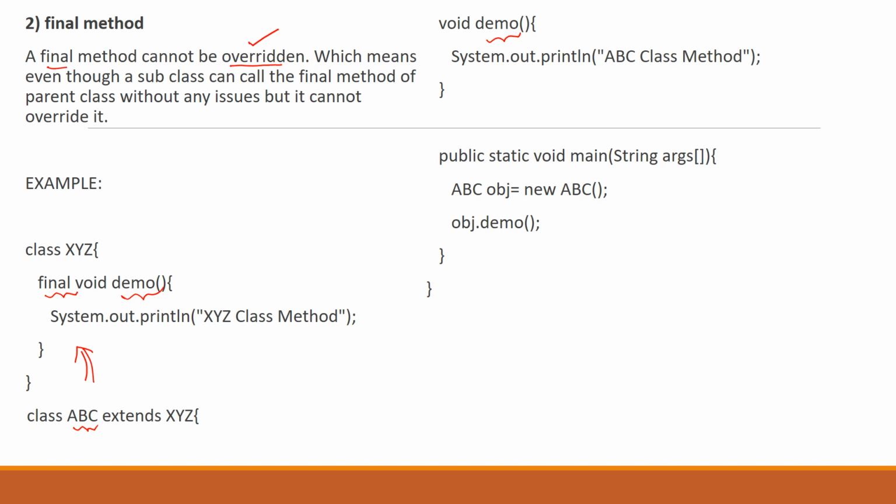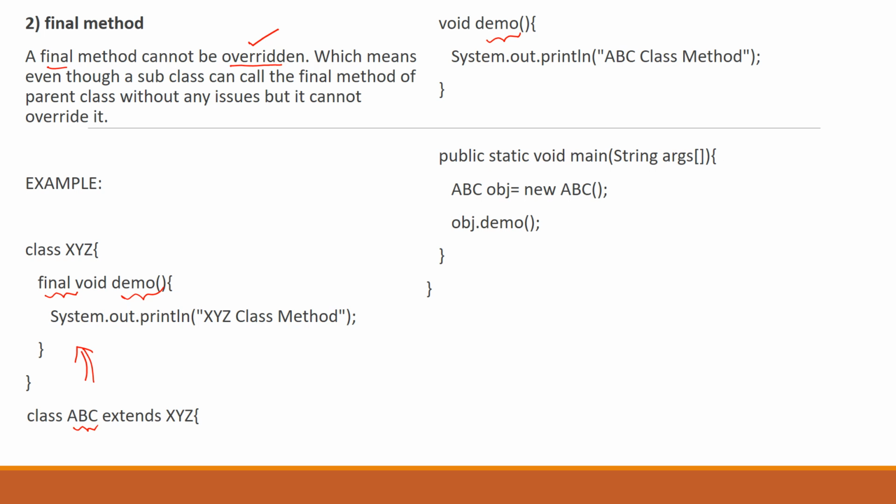So what is final method? When a method is declared as final, you cannot override it. When your base class method is declared as final, your child class will be able to access it, but the child class should not override the same method which is used in the base class. That is the concept here.